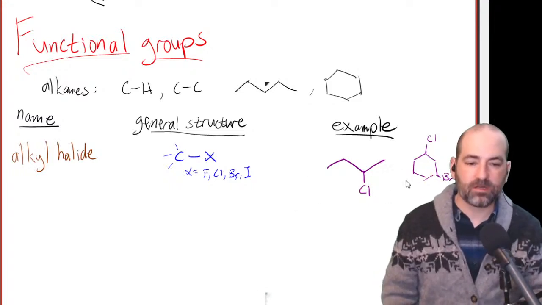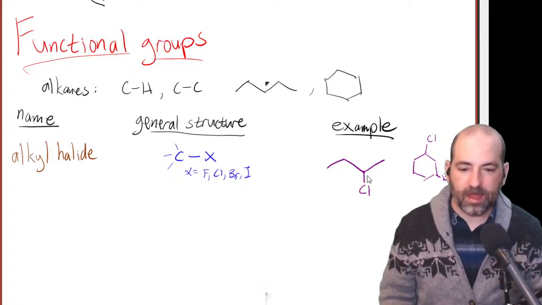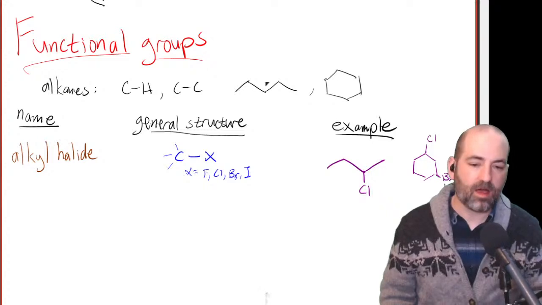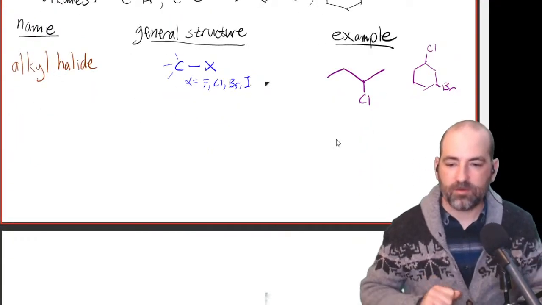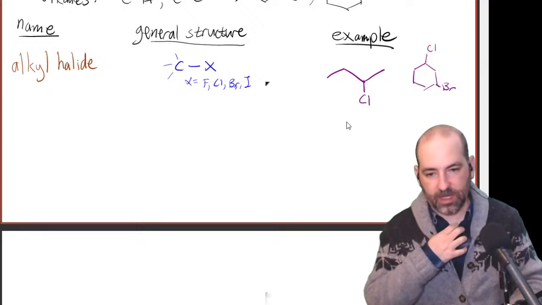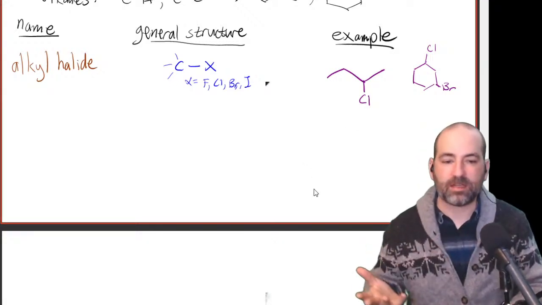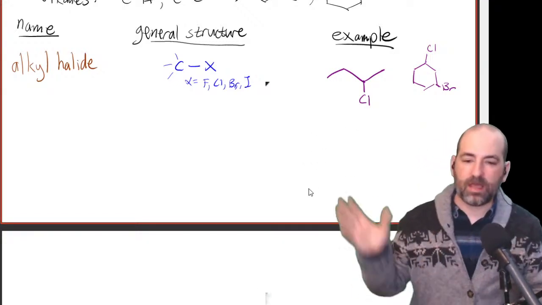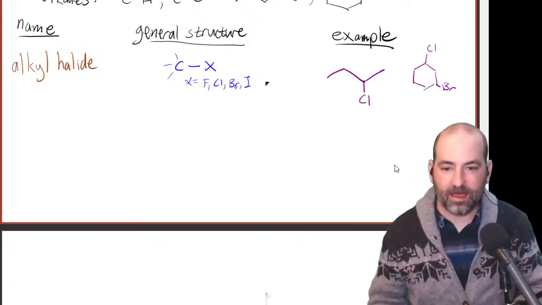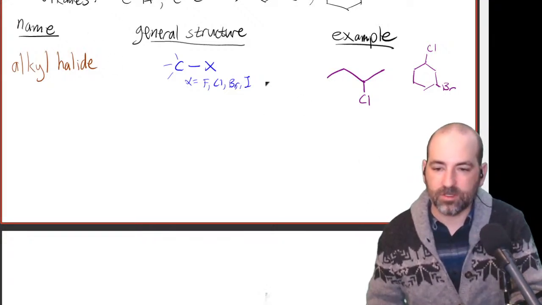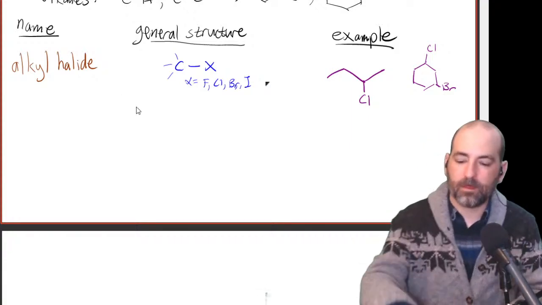So now when these things undergo reactions, that carbon that has that halide coming off is where that reaction is going to happen. And if you go on and take organic chemistry, you'll see lots more examples of that and how to actually use it. We're going to focus on a few different reactions that are not these right now. So you just have to know how to identify these different types of functional groups.